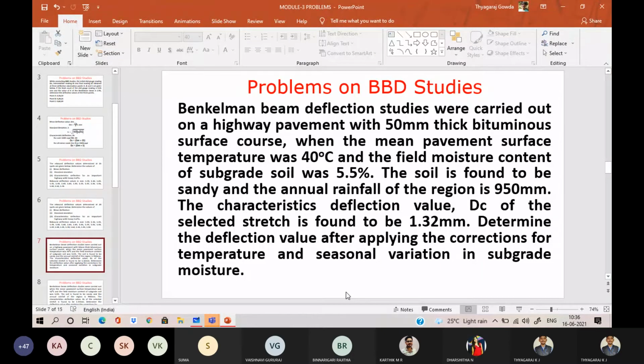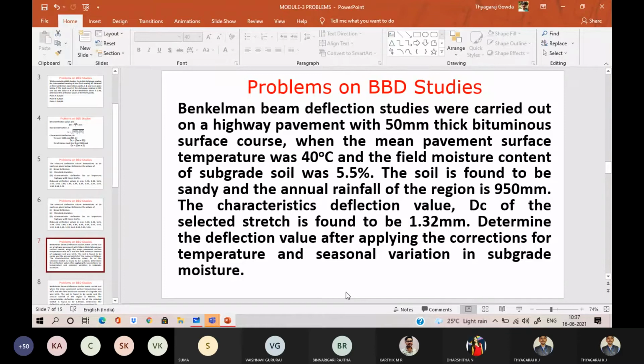The soil is found to be sandy and the annual rainfall of the region is 950 mm. The characteristic deflection value DCM is given as 1.32. Determine the deflection value after applying the corrections for temperature and seasonal variation in subgrade.